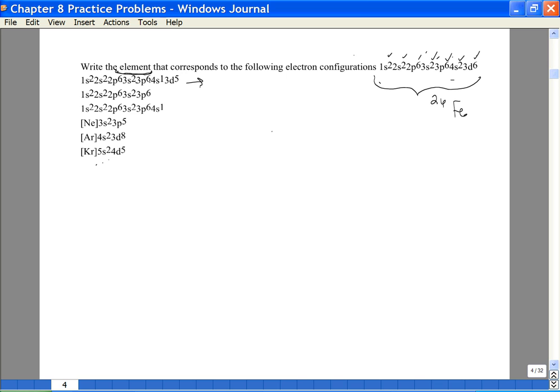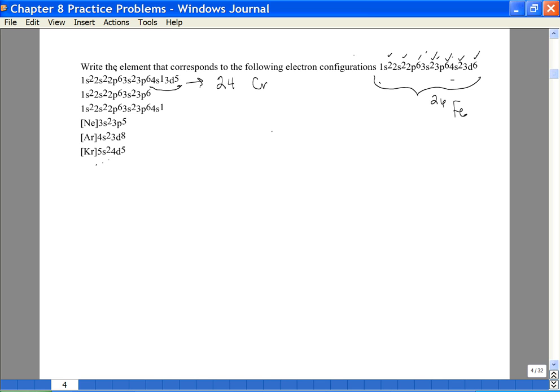This electron configuration also is one of those exceptions that we saw in class to the normal filling order. As you can see, the 4s shell was not completely filled before moving to the D block, and that is also consistent with what we know to be true for chromium.